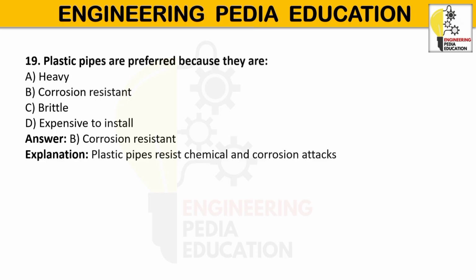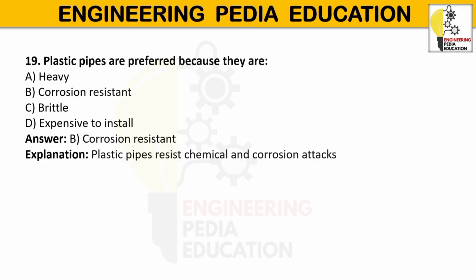Plastic pipes have become an essential part of modern infrastructure due to durability, corrosion resistance, and ease of installation. They provide an economical and reliable solution for plumbing, drainage, irrigation, and many other engineering applications.